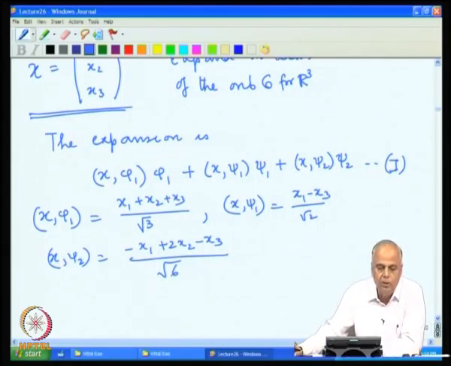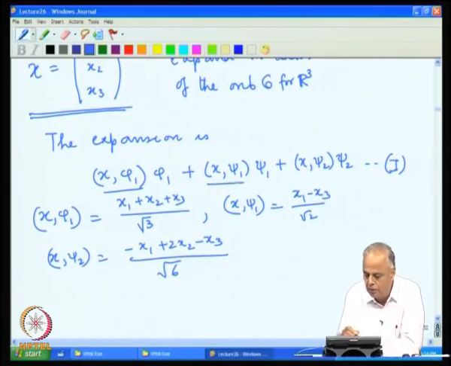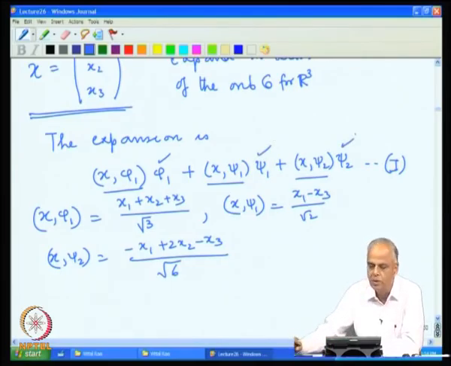Now, we substitute these values here, x dot phi 1, x dot psi 1, x dot psi 2, and we know what phi 1 is, what psi 1 is and what psi 2 is.